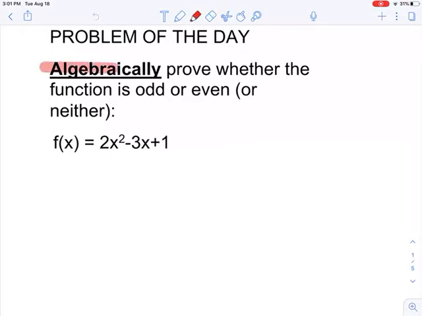So your warm-up problem is, I want you to algebraically prove whether this function is odd, even, or neither. So I want you to take f of x and determine whether this is odd, even, or neither.